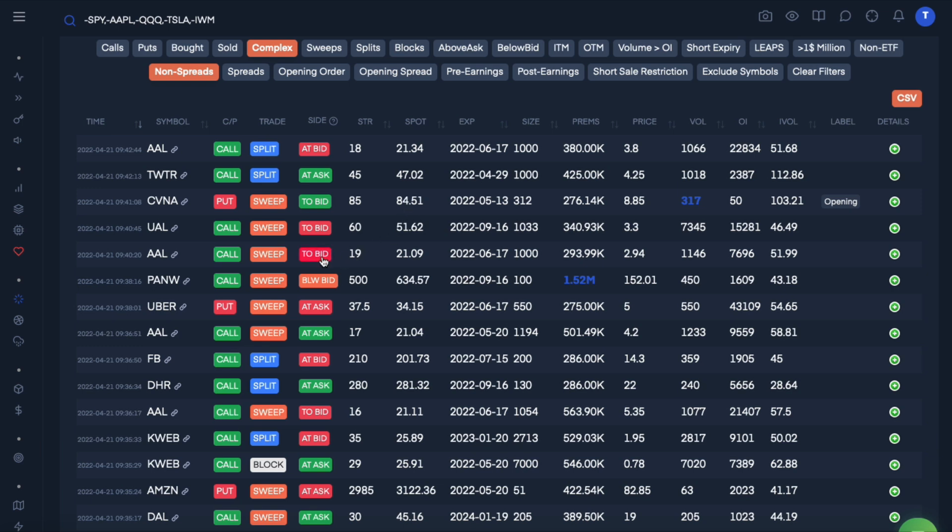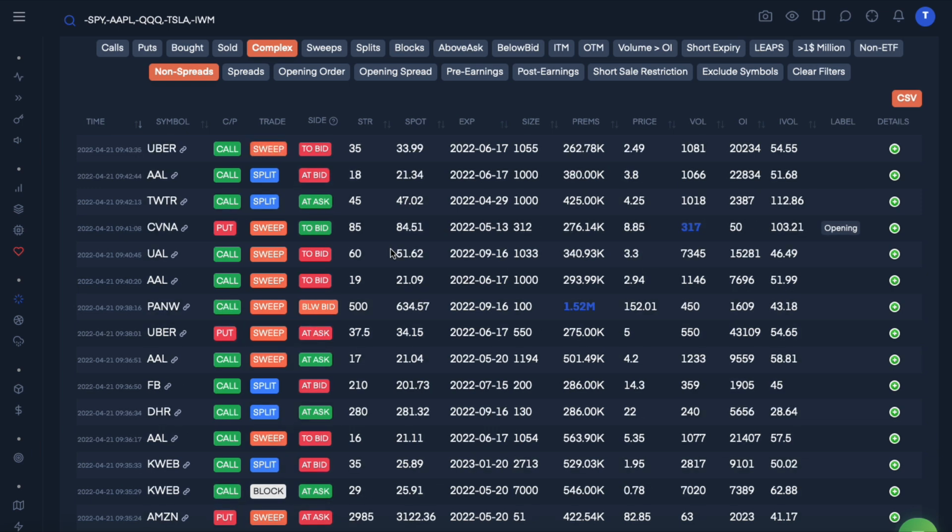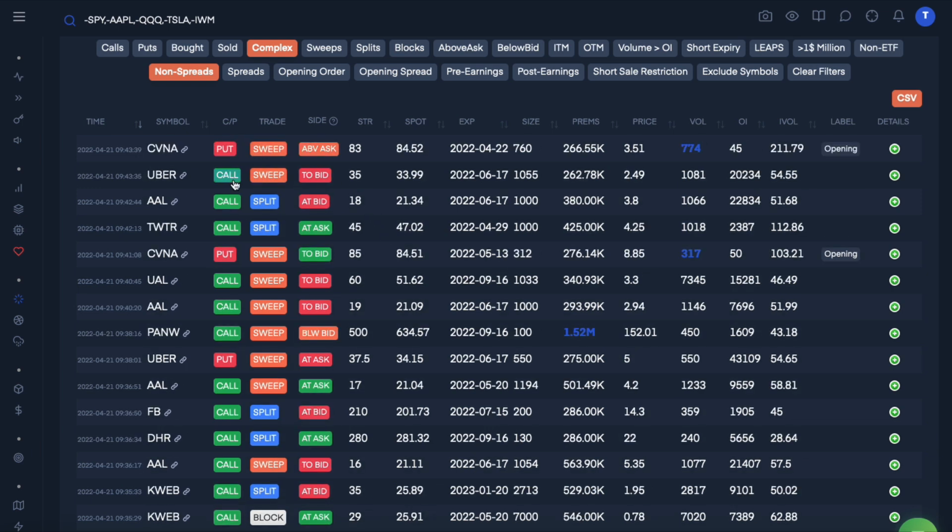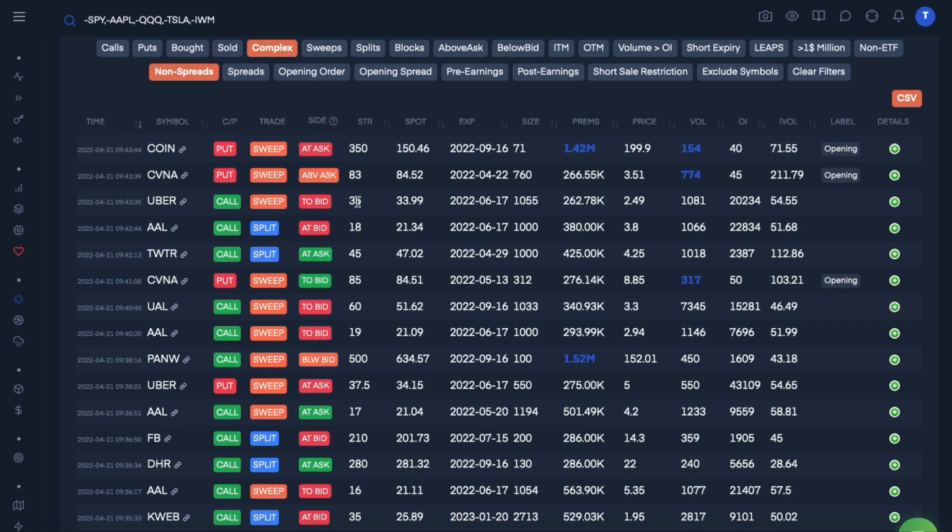Here's an interesting one. For American Airlines, you can see, I believe it moved like 7% pre-market, but people are selling calls for a strike that's slightly lower. So when you see that, that's a sign of caution where people are not comfortable with the big move that is happening.